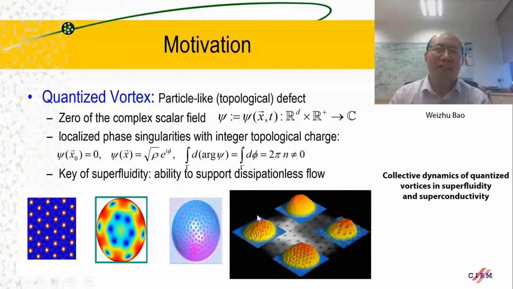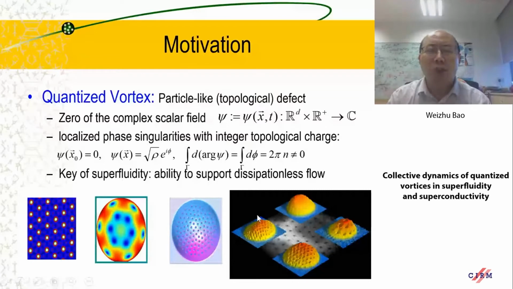This is a cartoon showing quantum vortices in liquid helium 3, at a temperature of about a microkelvin. This is a real experimental result: quantum vortices in a type 2 superconductor.